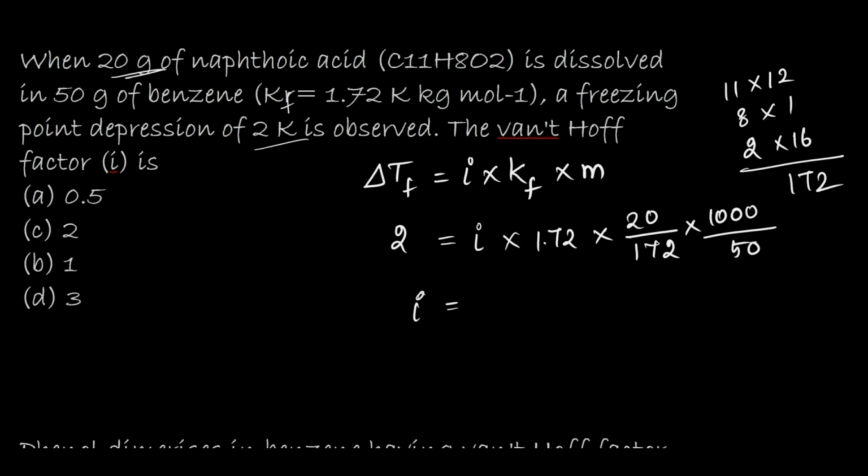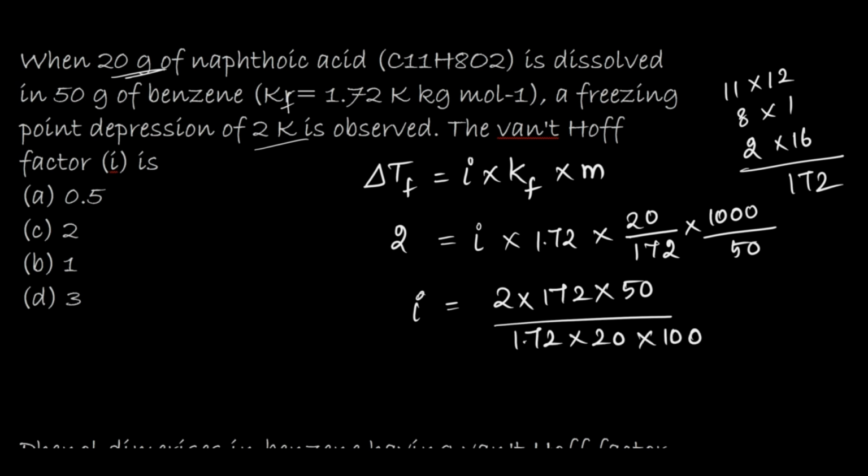So the i value will become 2 into 172 into 50 divided by 1.72 into 20 into 1000. So it will get cancelled.